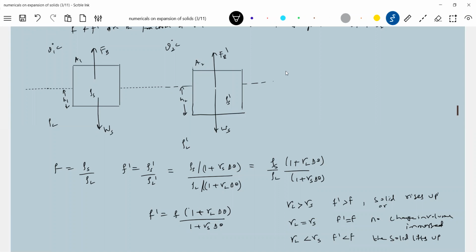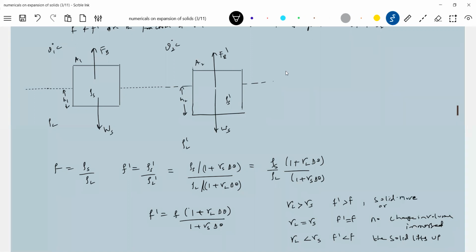First case is volume immersed increases. Sorry, what should we use? Solid lifts up.